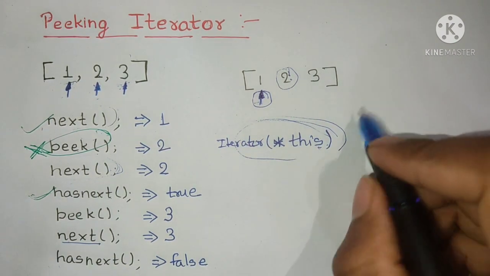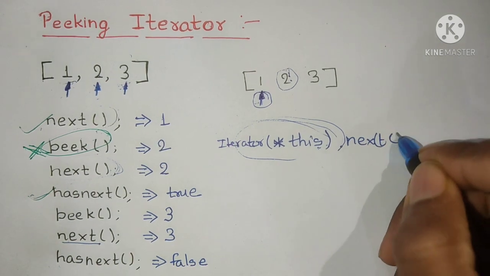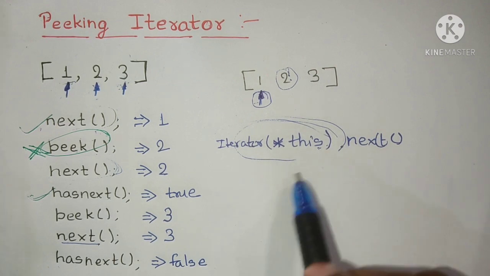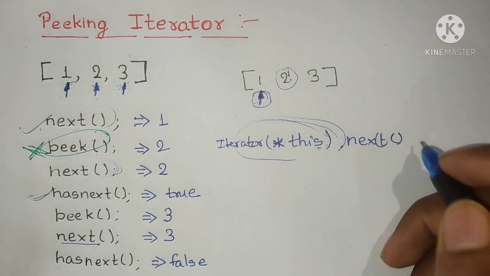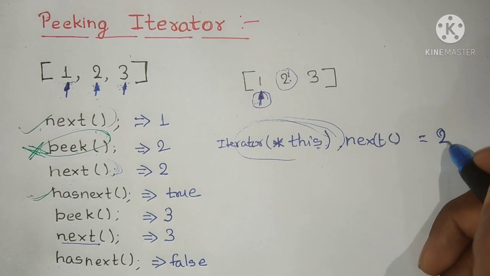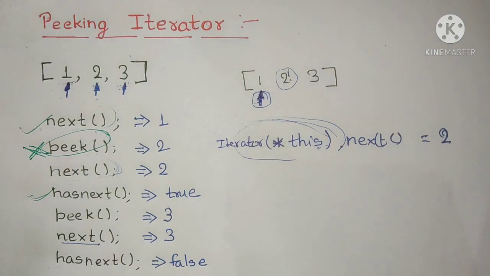If we apply next on this copy, then this copied pointer will get incremented and it will return 2. But this original pointer will not get incremented.